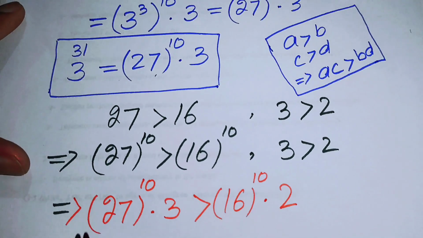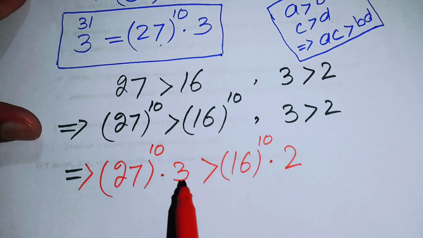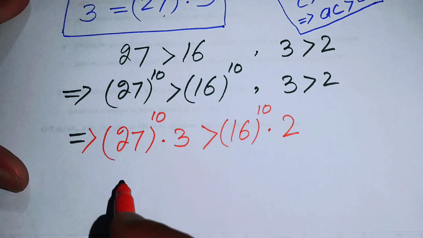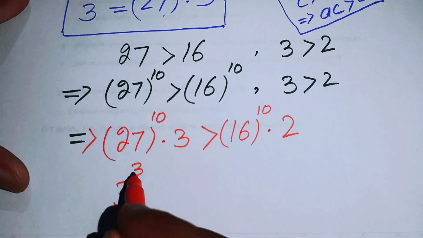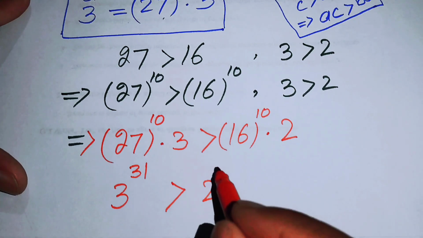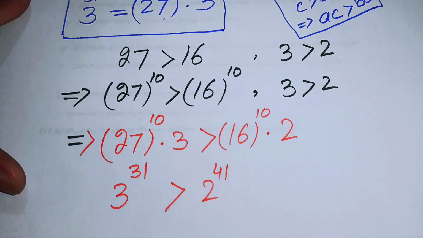And here you see that 27 to the power of 10 times 3 is equal to 3 to the power of 31, so that here you can put 3 to the power of 31 is greater than 2 to the power of 41.